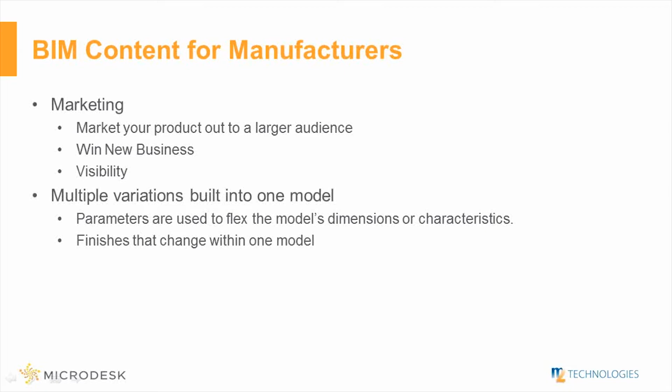So having a Revit model that is flexible, you're talking about having things like different sizes, lengths and widths. There's going to be different material options and color options. All of this is going to be built into the model, giving the designers greater flexibility and making the manufacturer much easier to work with.